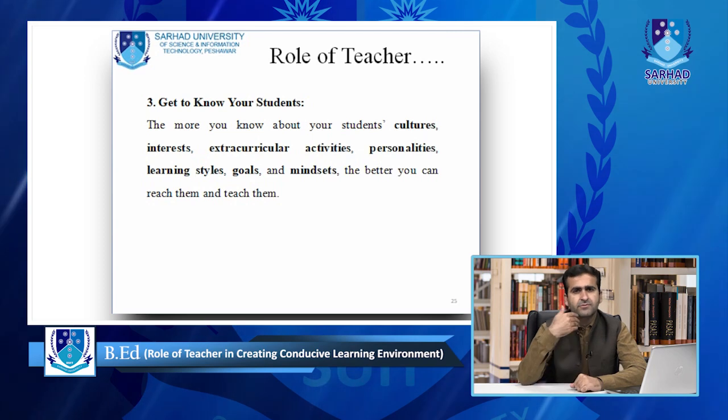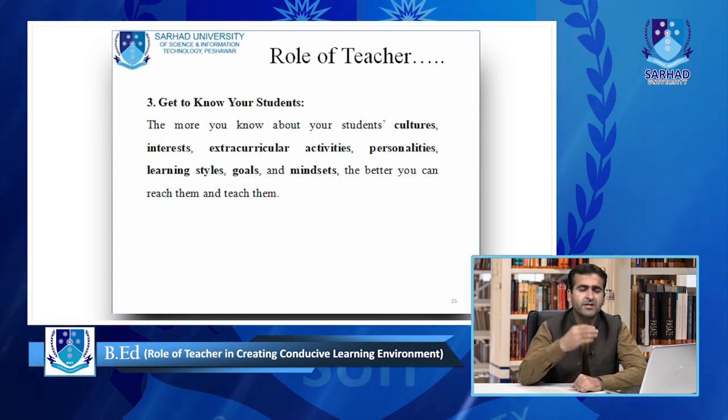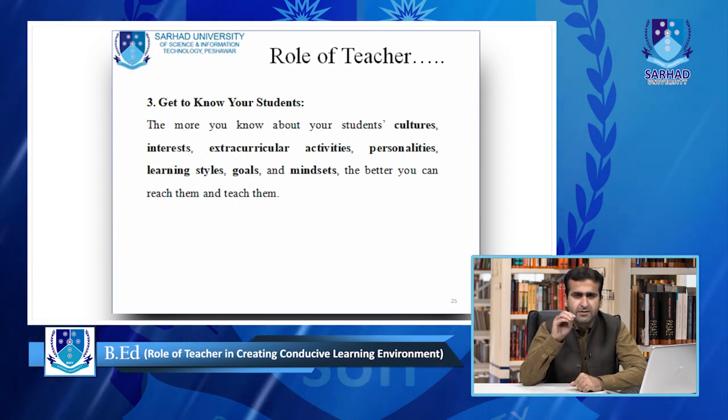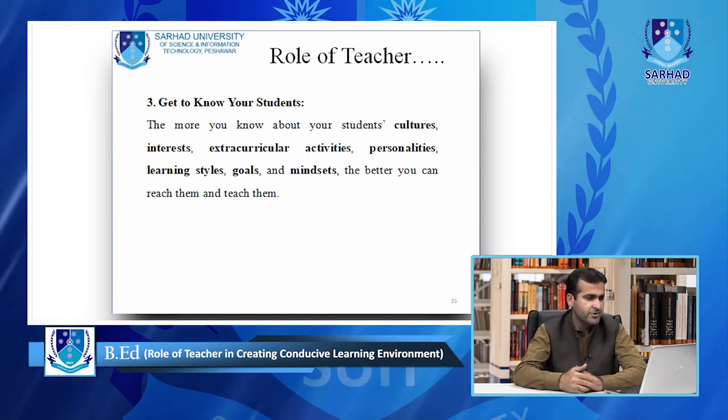Also, we need to find out which particular teaching methodology the student likes a lot. That's why we need to know the interest of the student.